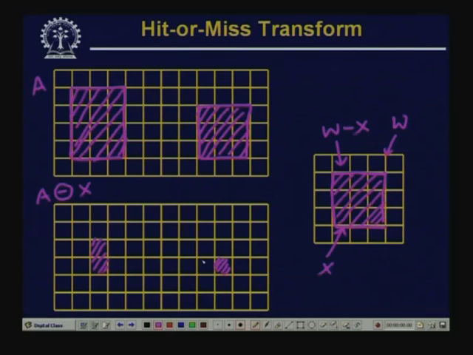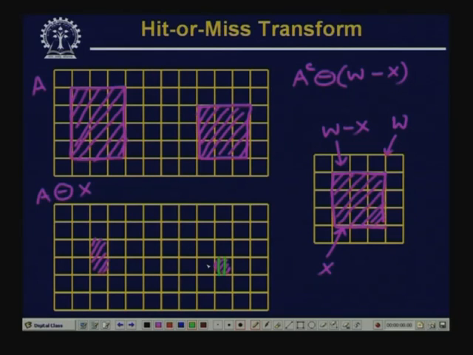And the next operation that I will do is, I will take the complement of A, which will be eroded with W minus X. So, if I erode A complement with W minus X, then I will get only one pixel, which is this.